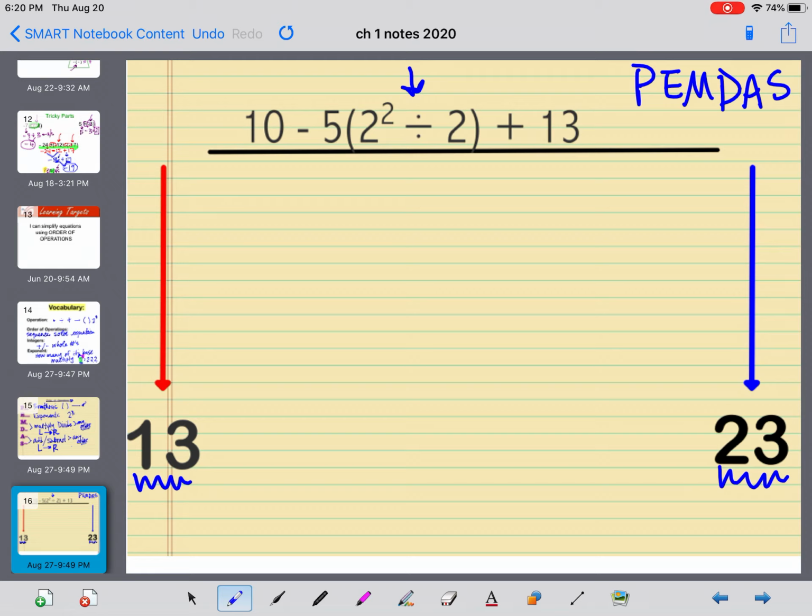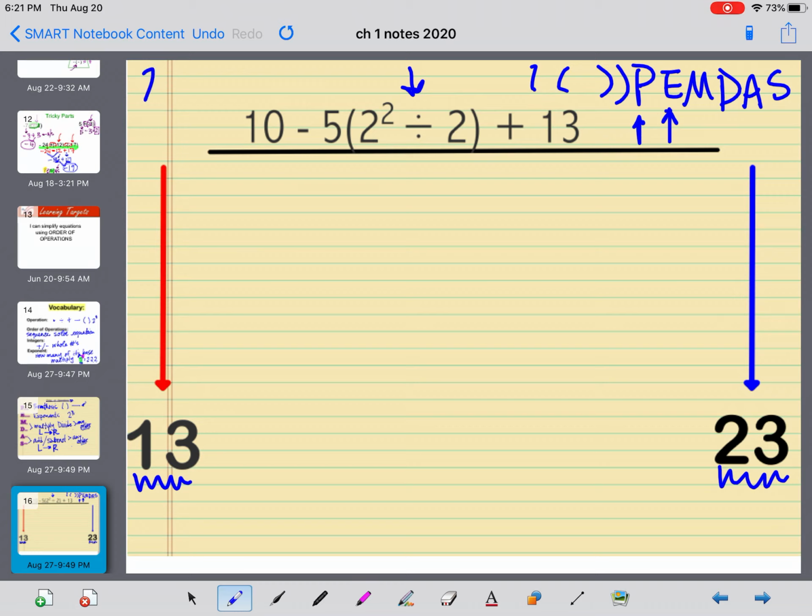So if there was another set of parentheses inside, then I would have to start over inside those parentheses. And sometimes there are. Sometimes I have a problem that has a set of parentheses inside another set of parentheses. Okay? So we always have to check. But for this one, we can just move to the next step in our order of operations.